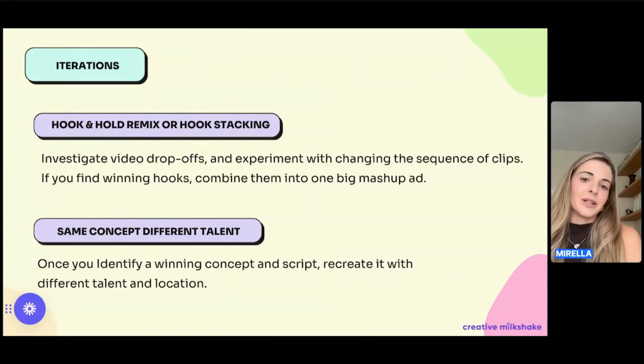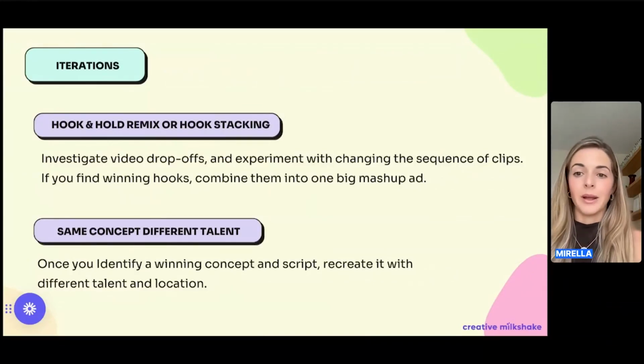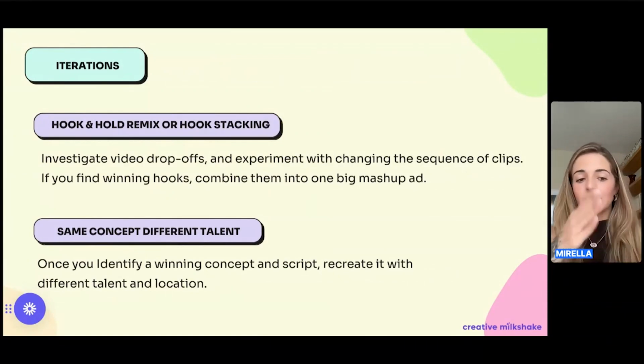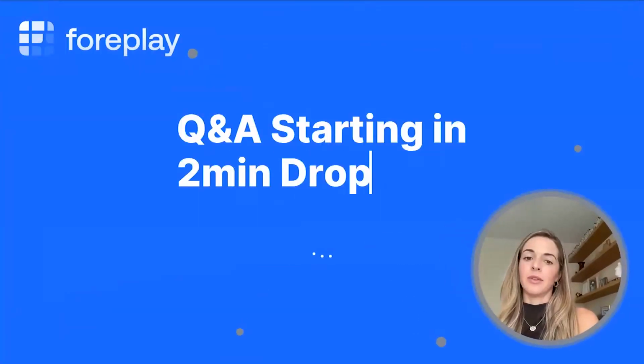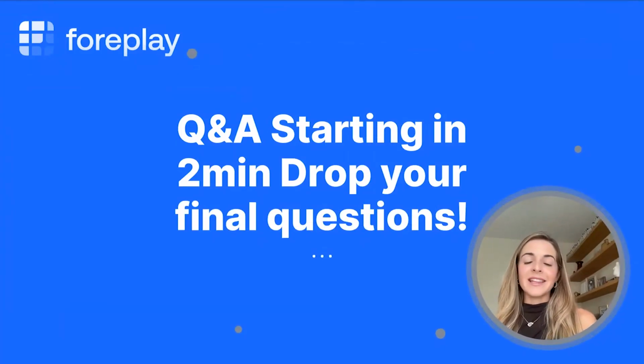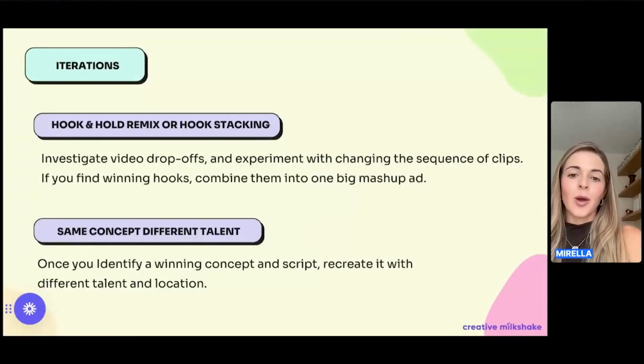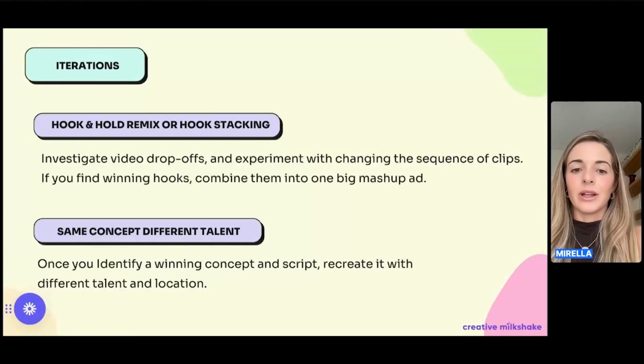And another thing we can do often is, if you find winning hooks across different videos, combining them to create one big mashup ad, or just stacking them in front of the same video tends to work really well. And then also, if you have a concept that is working and a proven script, recreating that with different talent and location.